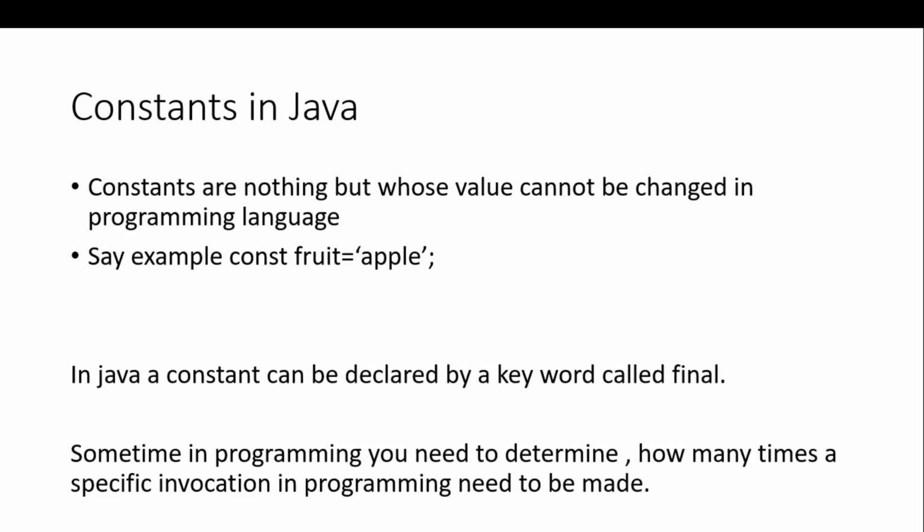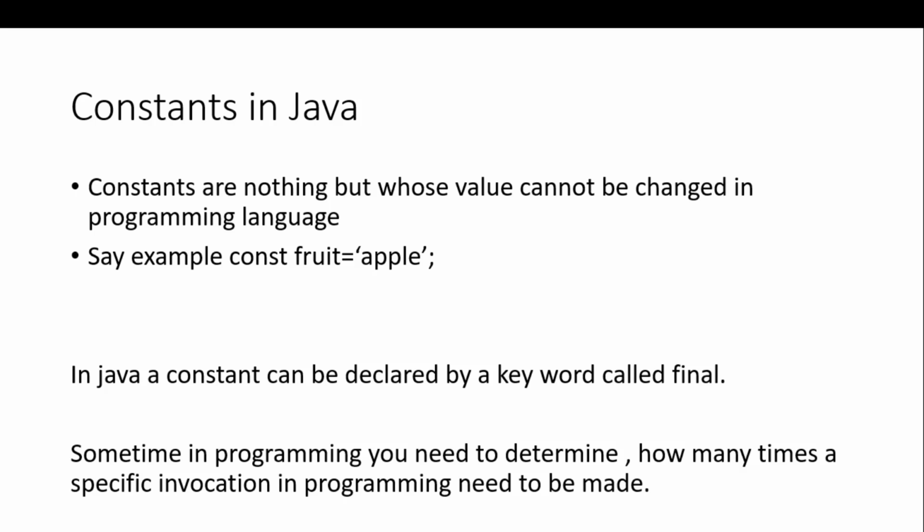In a later tutorial, I'm also going to show you how to declare a constant in Java and what the use of it is. In Java, you can declare a constant by using a keyword called final. When you declare a variable or an object as final, its value is not going to change anywhere in the program.